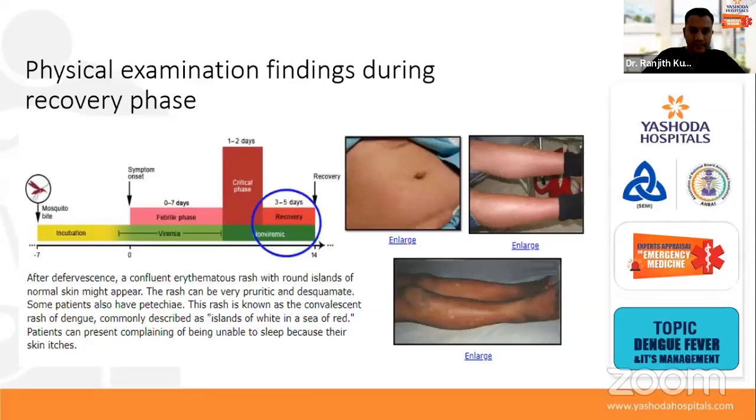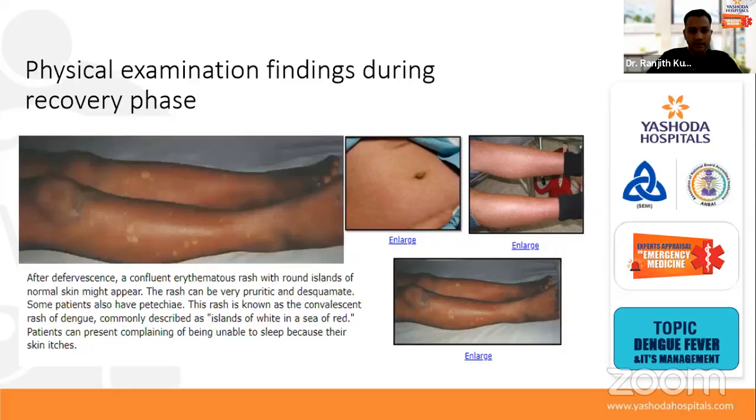This is a convalescent maculopapular rash, usually seen in the recovery phase, where there will be white spots, like islands of white in a sea of red. It is described that way because over a complete erythematous or maculopapular rash area, there will be whitish spots in between.